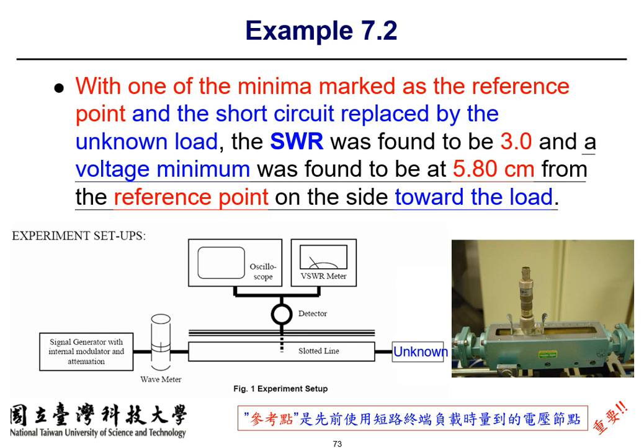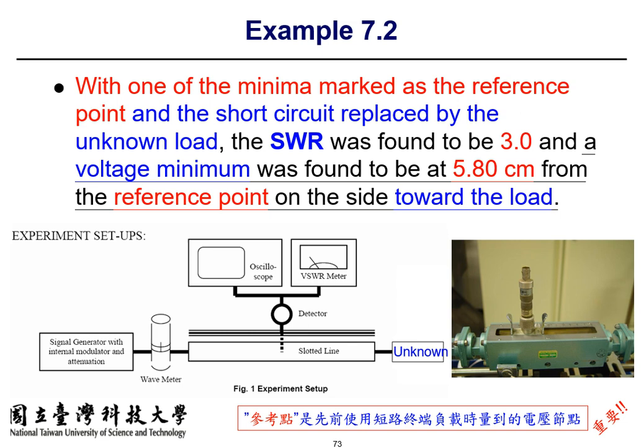So for actual devices, there are certain limitations on how freely your probe can be moved. For example, you cannot move your probe into this region, so you won't be able to determine the location of zero voltage.